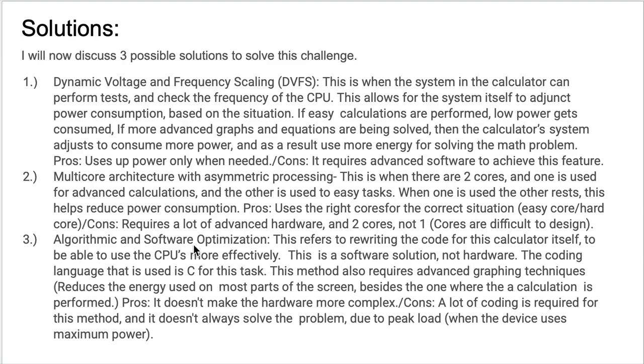This is a software solution, not really hardware. It doesn't have any hardware connections to it. It's purely software.